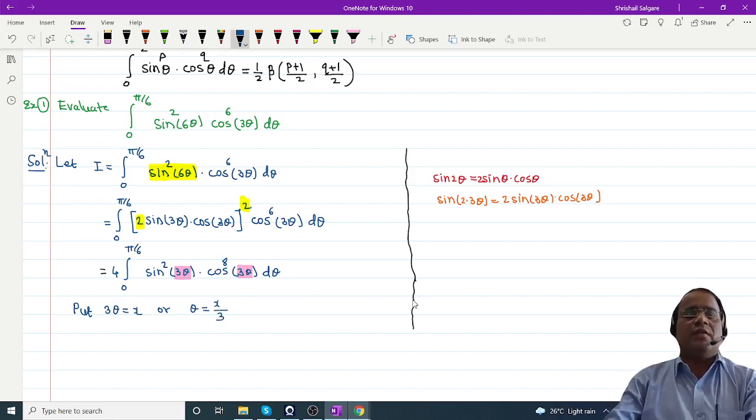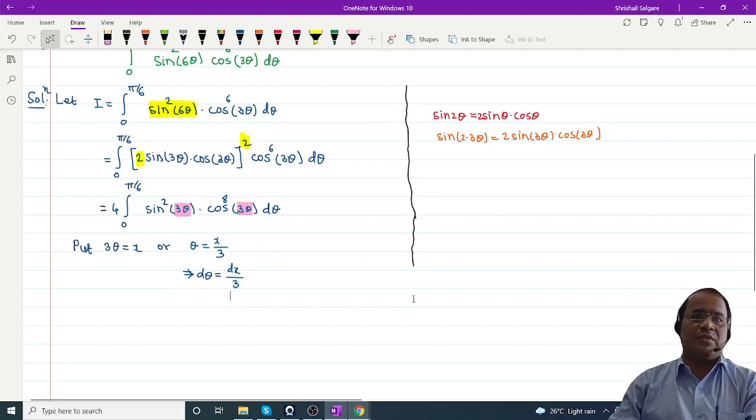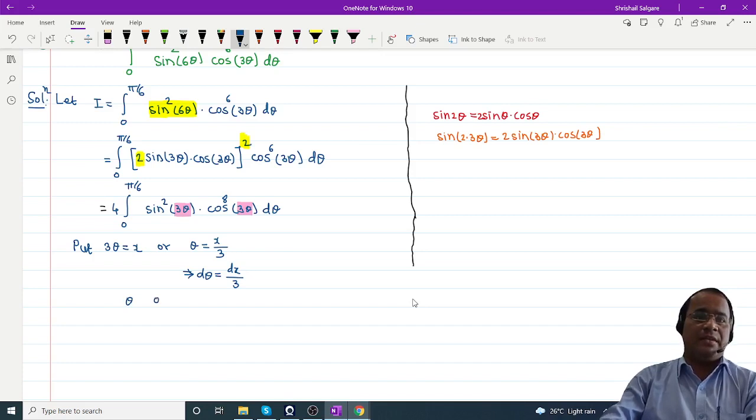So what I am doing here, I am converting the variable theta to x. Differentiate both sides. This d theta is given by dx upon 3. Before that, limits. Given limits for theta are 0 to pi by 6.